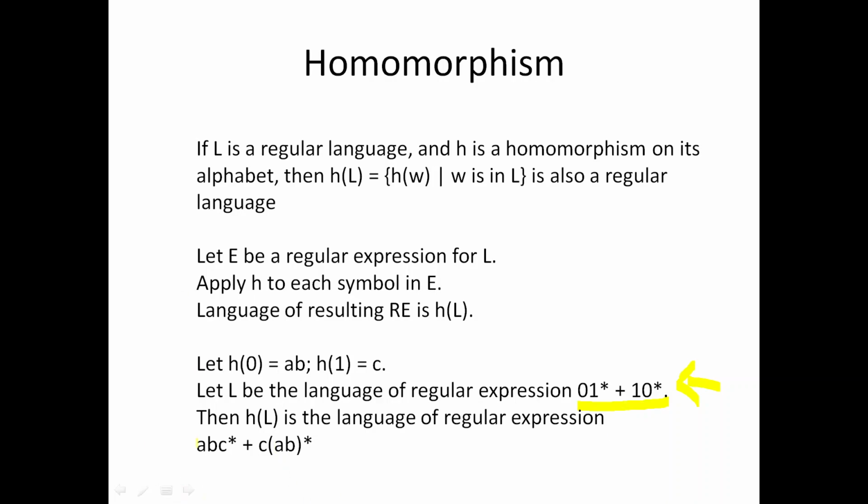So now you get a regular expression which is equivalent to the language that you get when you apply the homomorphism on the language L. Since this regular expression represents H applied on L, we can say H of L is also a regular language. Okay, so that is homomorphism.